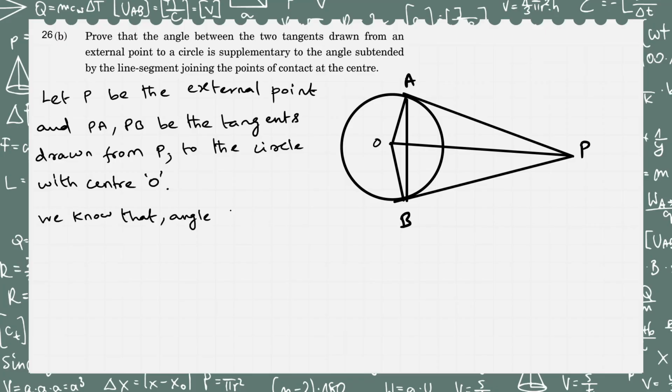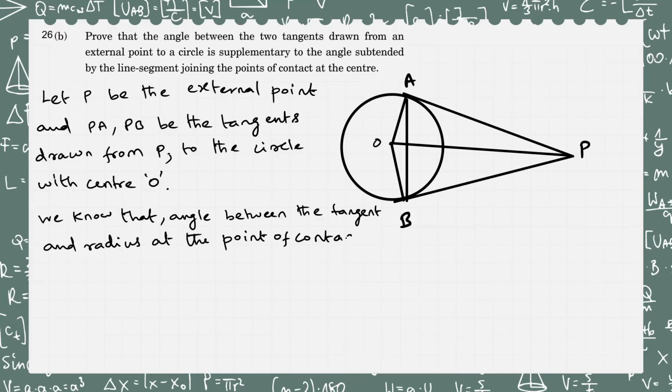We know that the angle between the tangent and radius at the point of contact is 90 degrees. That implies angle OAP equals 90 degrees as well as angle OBP equals 90 degrees.